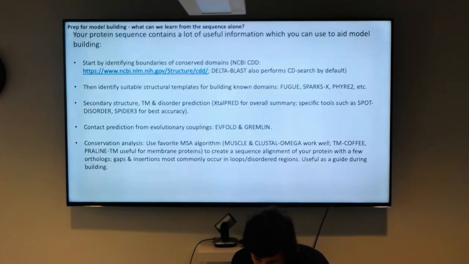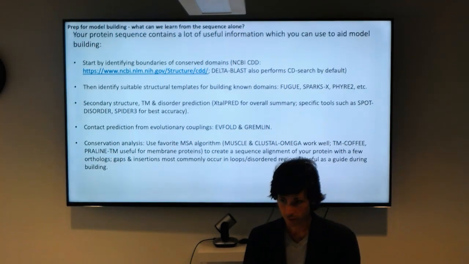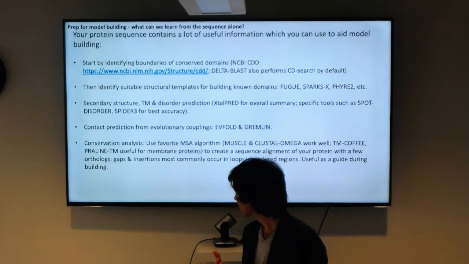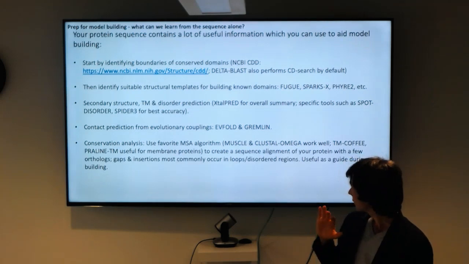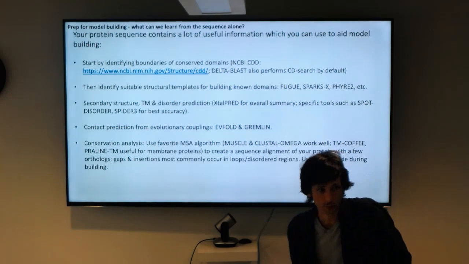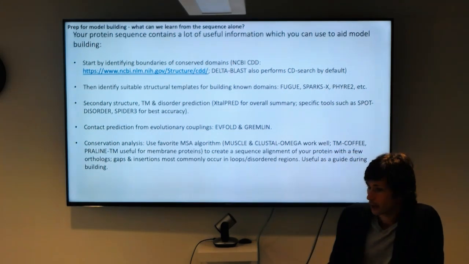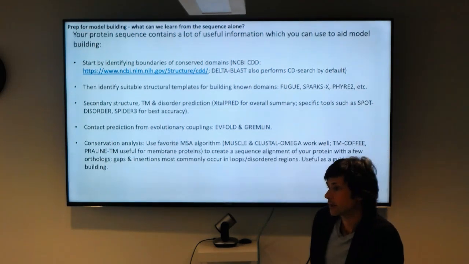All right. Now, as I was saying, in preparing for model building, you want to figure out what you can learn from the sequence alone. There are a few things here, and I'm only going to cover a couple of them in detail, but this is my general workflow if I'm starting a new model building project. First off, I'll start by trying to identify what conserved domains I have in my protein and where they are.